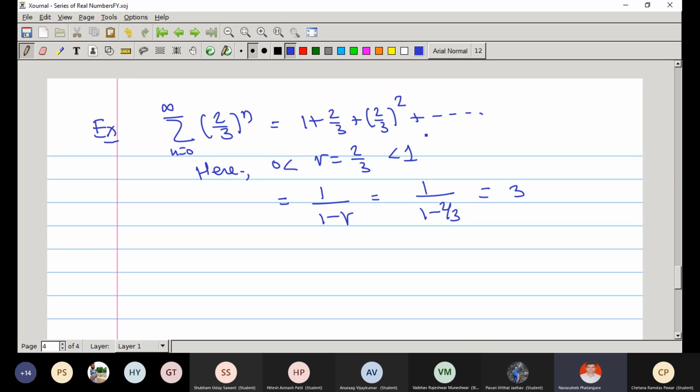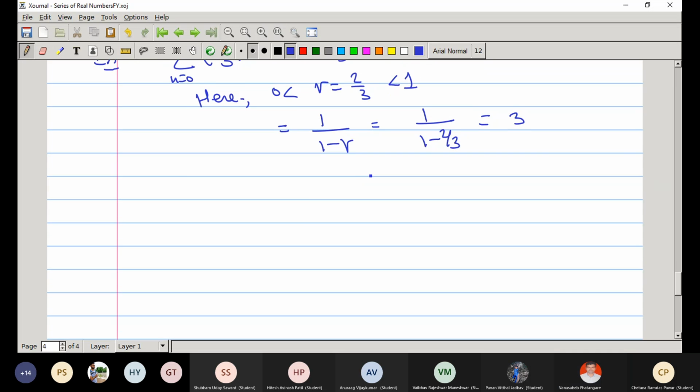How much time will be required to add all the terms? It will not be possible in finite time, but as a mathematical power, we can say that if you add all the terms, the total sum will be 3. That is the point we need to understand here.